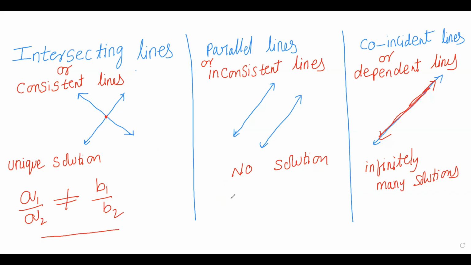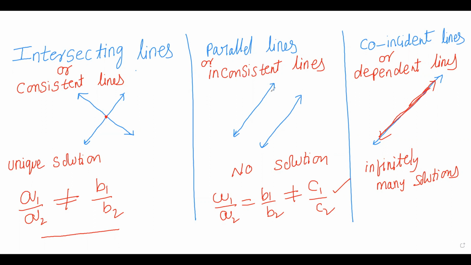Condition for parallel lines: a1 by a2 is equal to b1 by b2 is not equal to c1 by c2. If this condition is satisfied, the lines are parallel lines and they have no solution. Why?